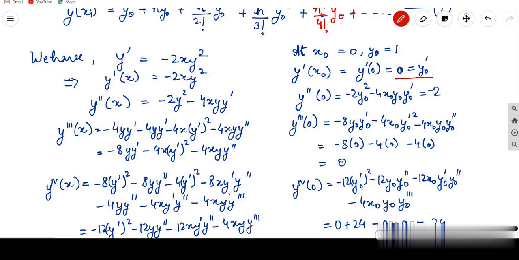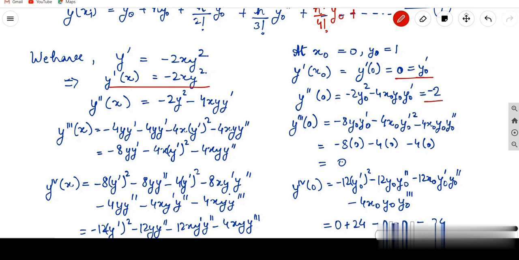Now what is the double derivative of this? Just differentiate y dash(x) so that you can calculate the double derivative, which is minus 2y square minus 4 times x times y times y dash. Now again, at the initial point, that is x0, y0, when we calculate the double derivative, we will get the answer as minus 2.